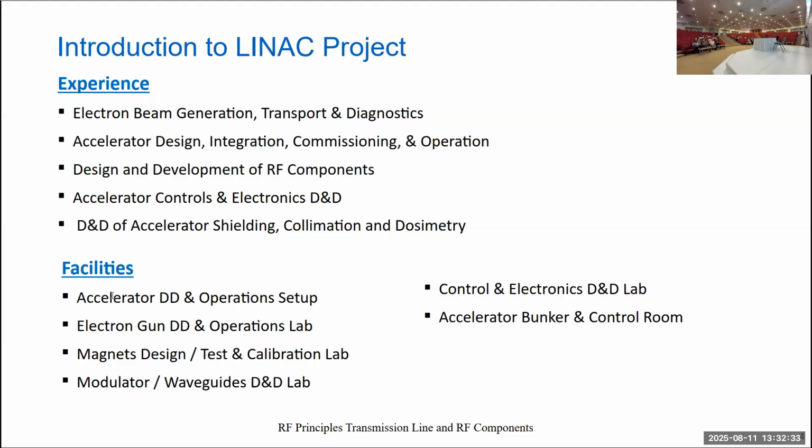We have an accelerator design and operation setup, electron gun design and development operations lab, magnet design and test and calibration lab, modulator which runs these RF sources, waveguide design and development lab, control electronics lab, and accelerator bunker and control room lab.